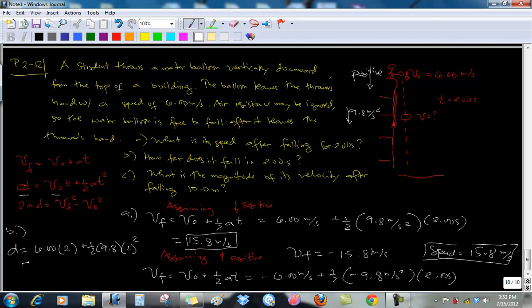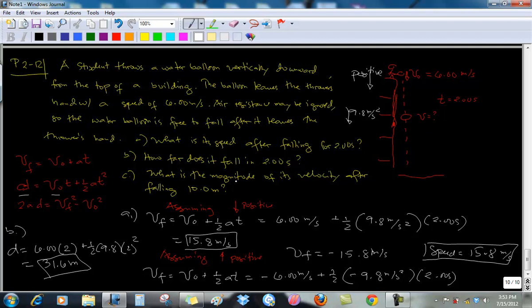Therefore, the balloon will travel a distance of 31.6 meters within 2 seconds. That's the answer for letter B.